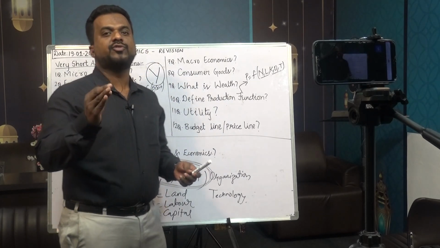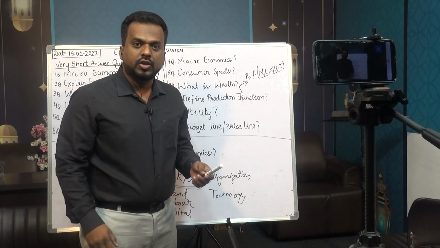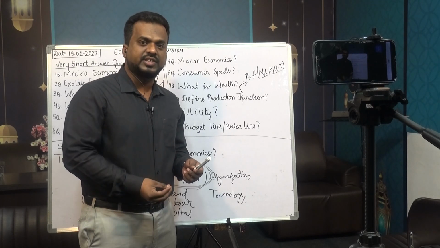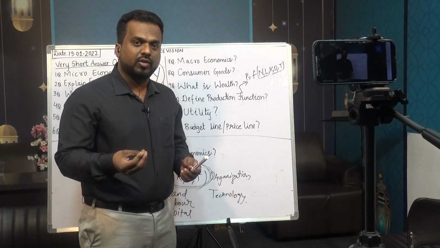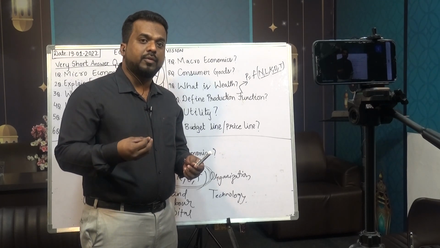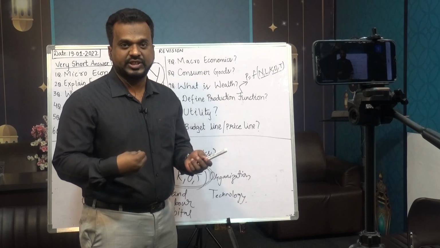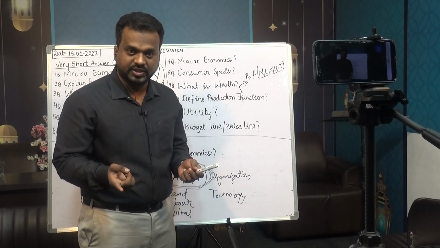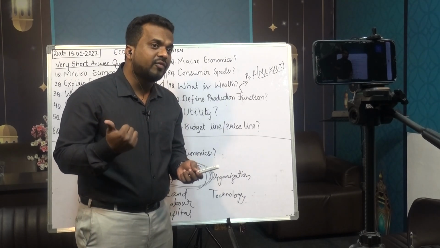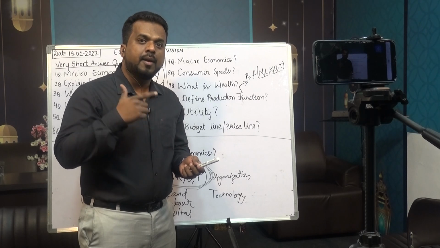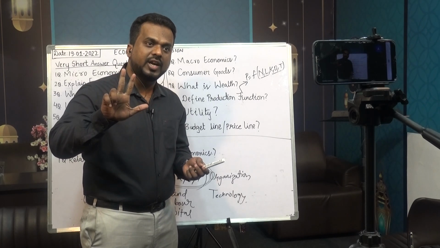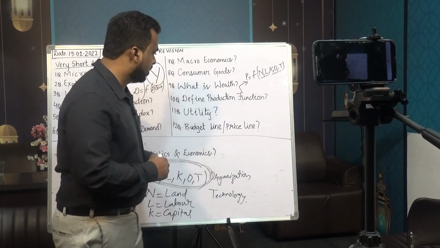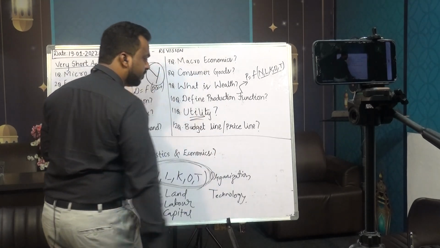The want satisfying power of a commodity is called utility. ओके, कोई भी पर्टिकुलर प्रोडक्ट या सर्विस की जो सेटिस्फाइंग पावर होता, यूजफुलनेस, उसको हम मेजर करेंगे इन टर्म्स ऑफ यूनिट कॉल यूटिल्स. ओके, what are the types of utility? Form utility, place utility, time utility, service utility. Very good. चलिए, यूटिलिटी का हो गया आंसर.